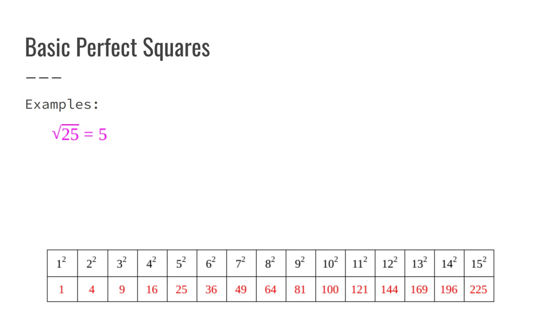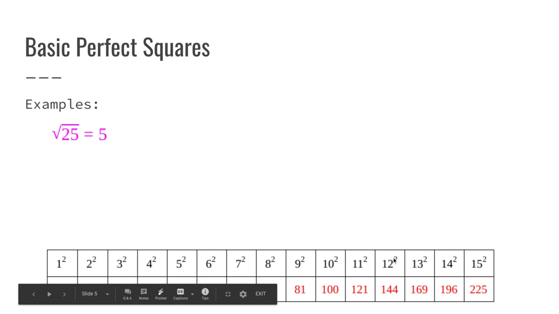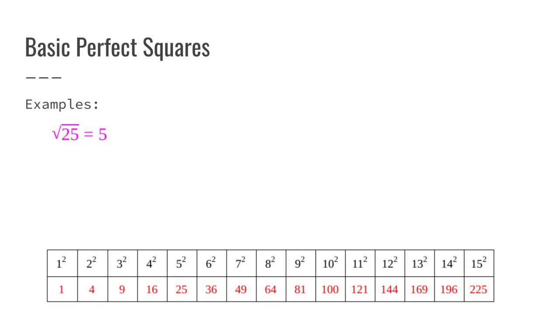So here are some examples. Our first example is the square root of 25. If you take a look at where the 25 is, working backwards, the black number above 25 is 5. So the square root of 25 is 5. The square root of 81, looking at our red list, finding where 81 is, working backwards, the number would be 9, so the square root of 81 is 9.